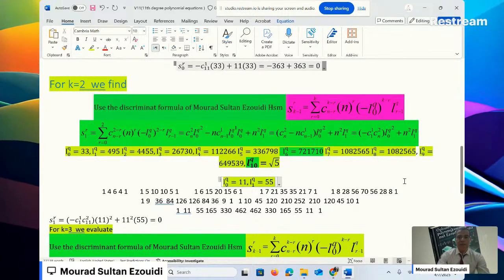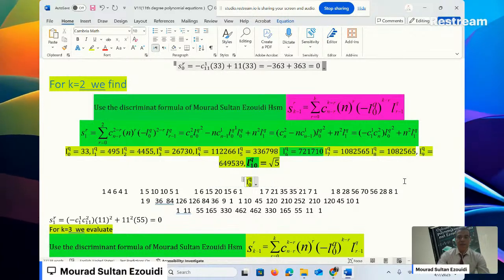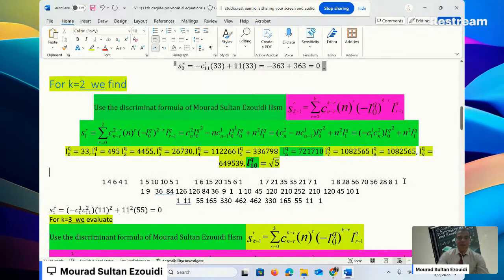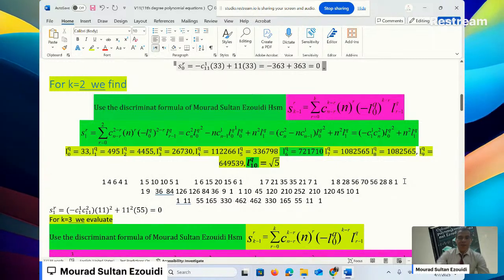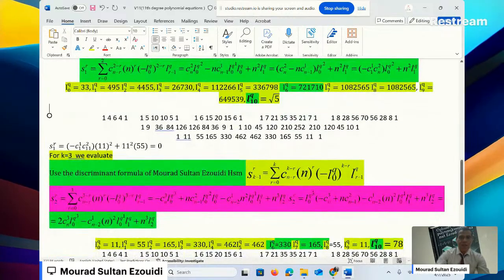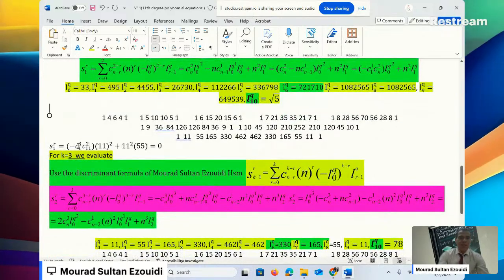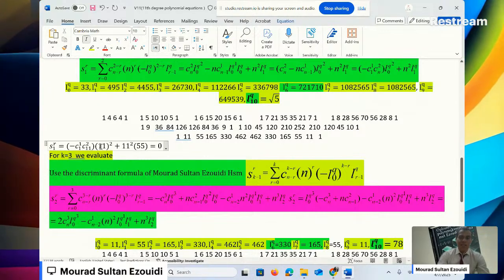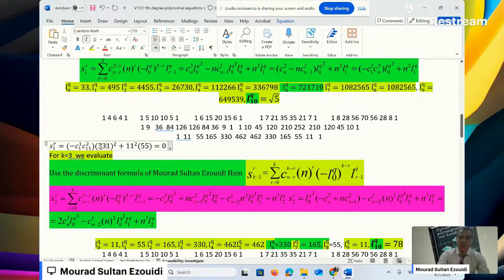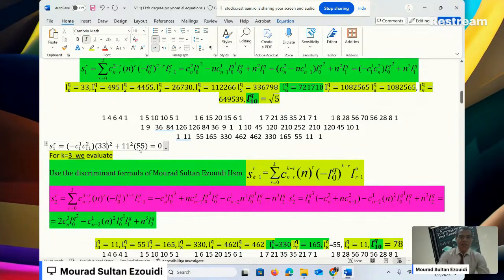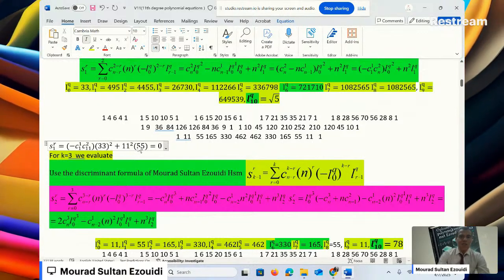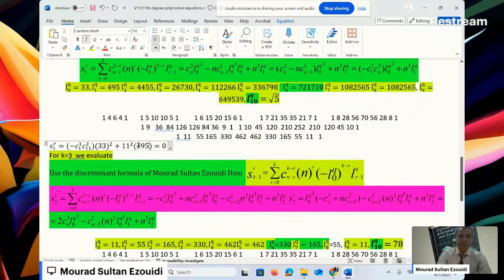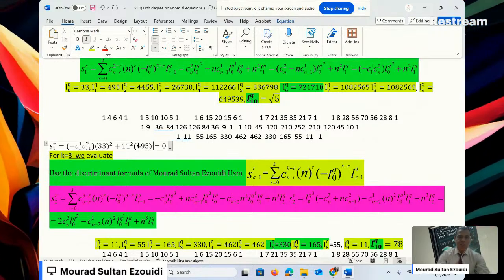Now, my kids, it's clear that the value of S1 of all the r or q is going to be equal to 0. I will change L0 with 33. You can use a calculator. And this one, L1 with 495. So this one is equal to 0, my kids.